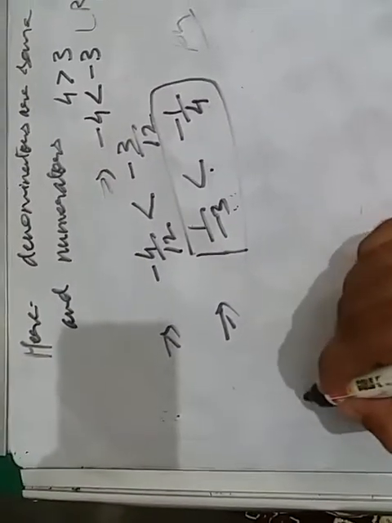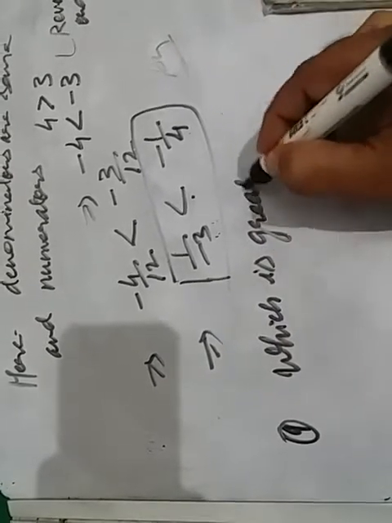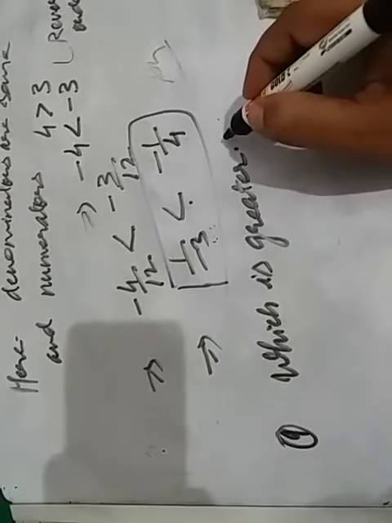Question number 9: which is greater? See, first part, 2 upon 3 and 5 upon 2. These two rational numbers are there. Here both the rational numbers are positive. Which is greater? Same process.